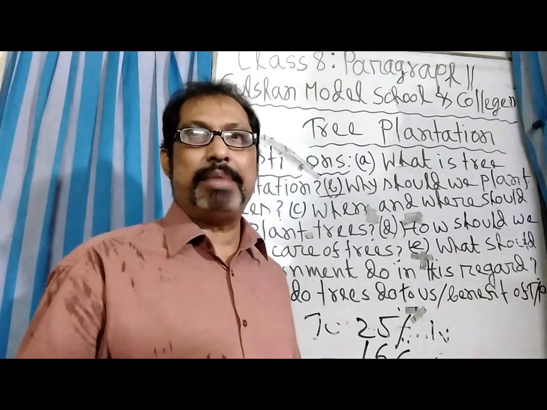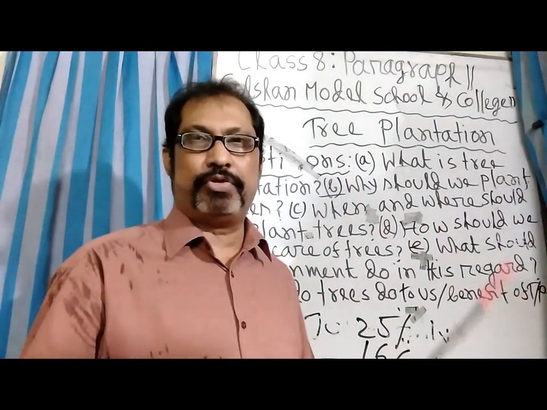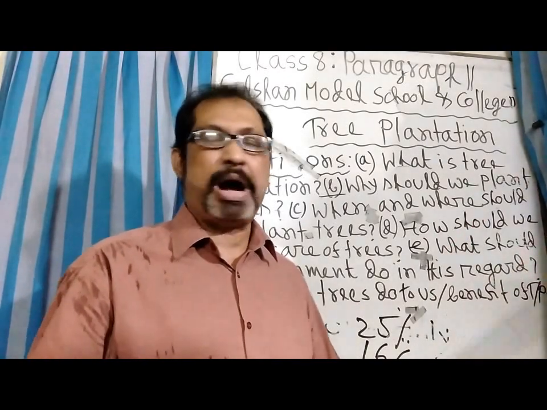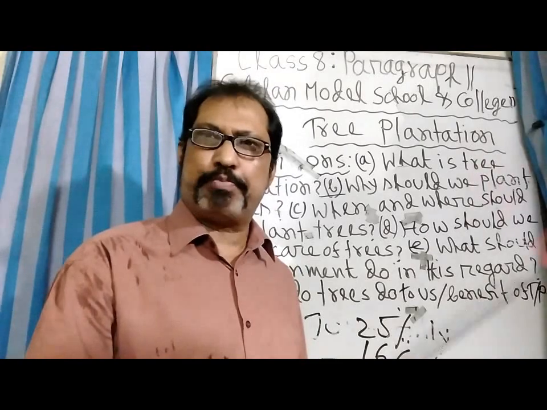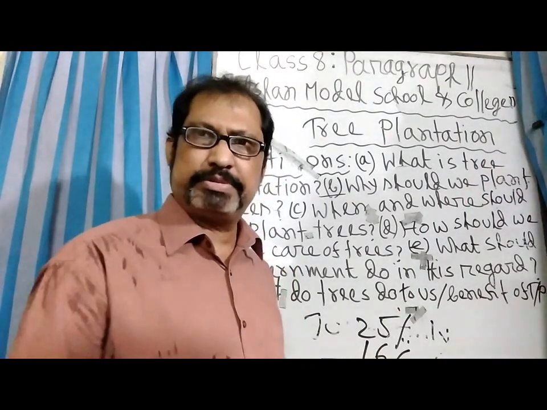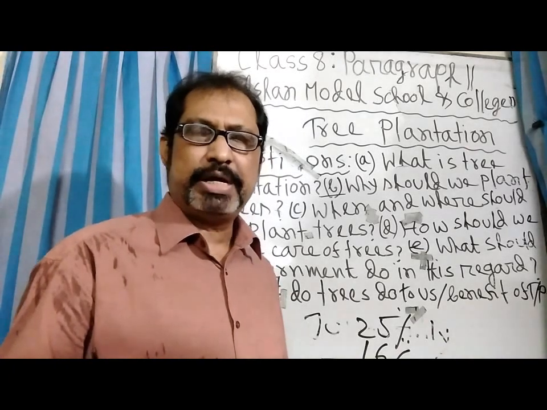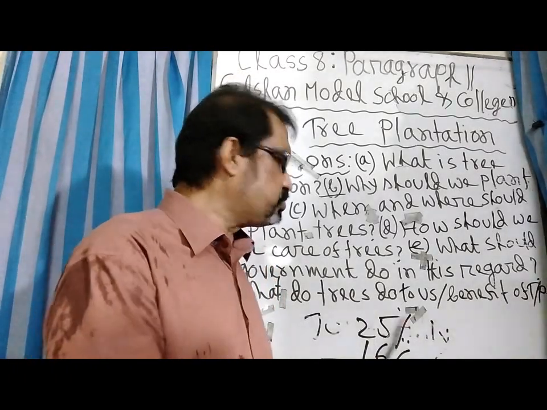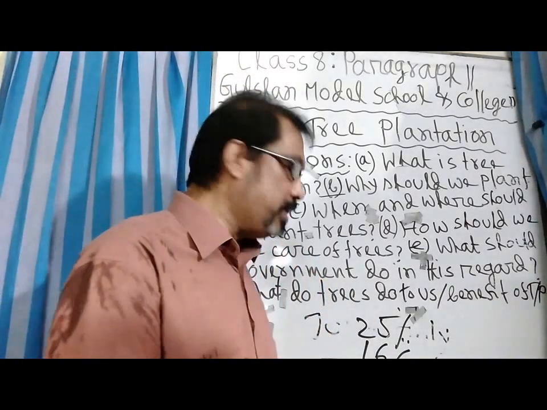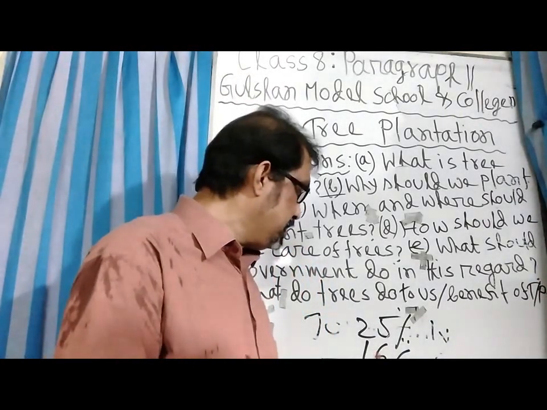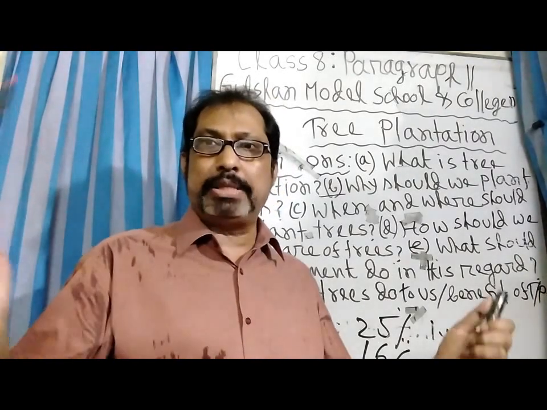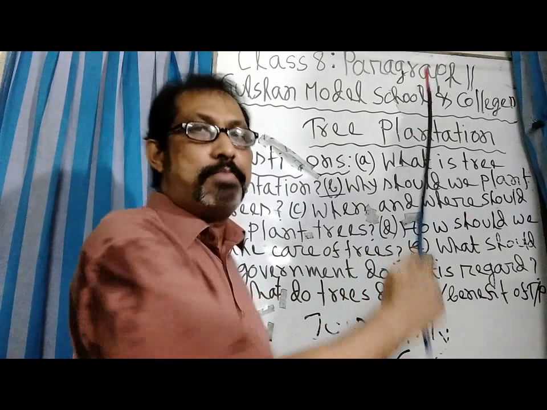There will be food scarcity, floods, droughts, natural disasters, everything will come. To protect ourselves from these destructive problems, a country needs 25% of its land, but we have 16%. We must utilize the 16% by bringing all the barren lands under the tree plantation program.